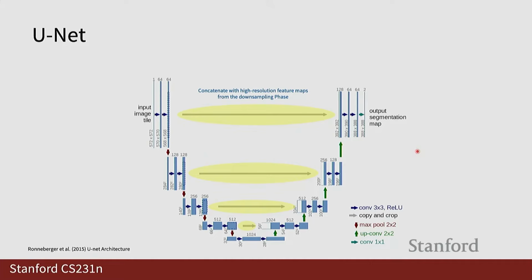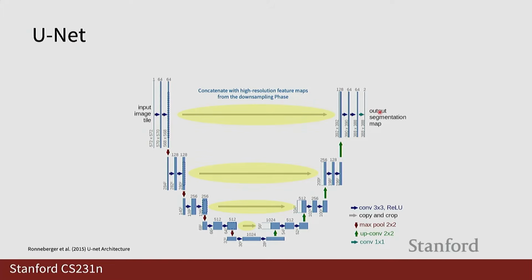When we downsample, we lose resolution, and then upsampling without that information is hard, and we often get faded boundaries. To avoid that, the feature maps in the encoder side are copied as inputs to the decoder layers.